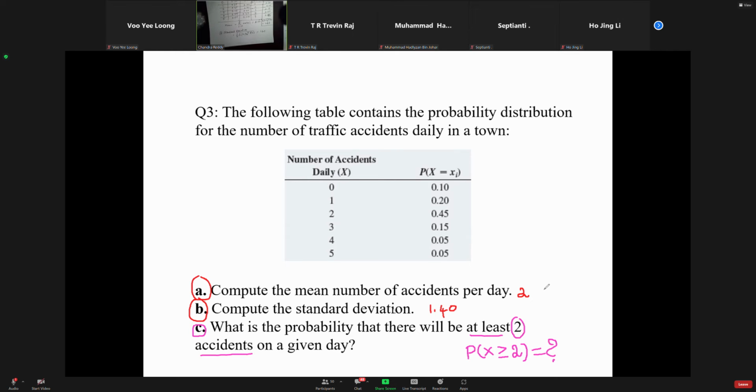Yes, that's correct. So probability of X greater than or equal to 2 means you need to just add up all these: 0.45 plus 0.15 plus 0.05 plus 0.05. So you will get the total of 0.70.